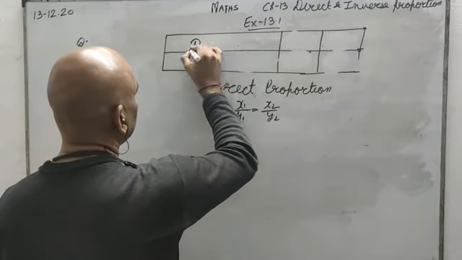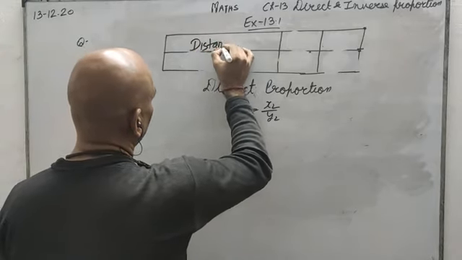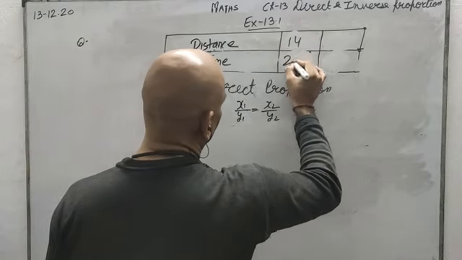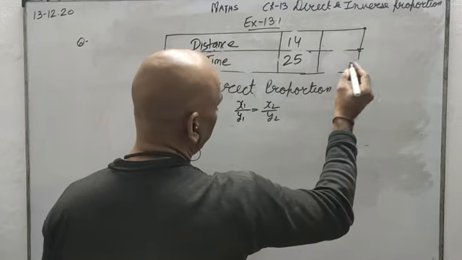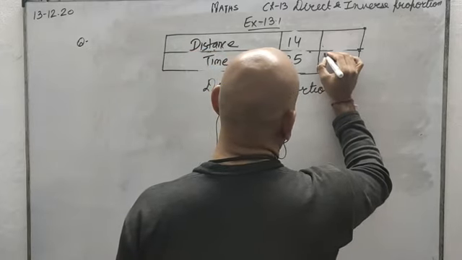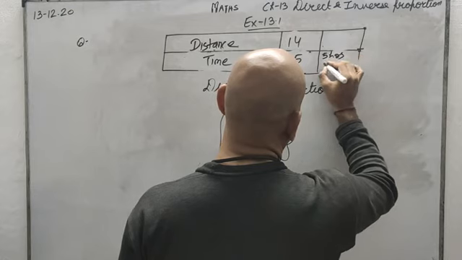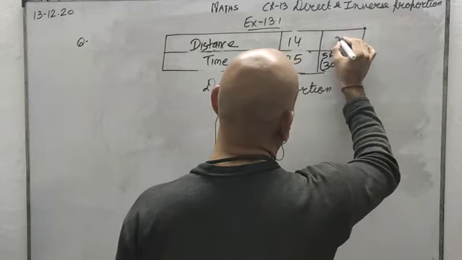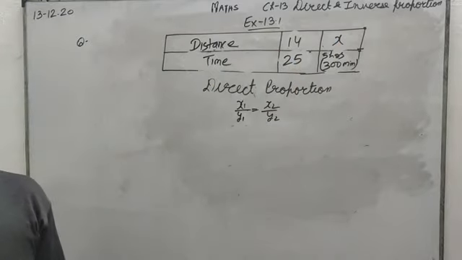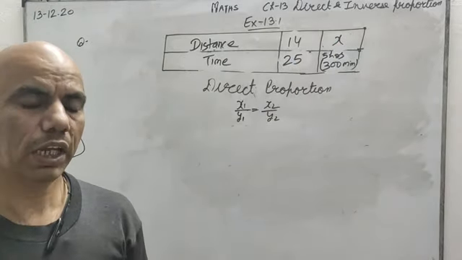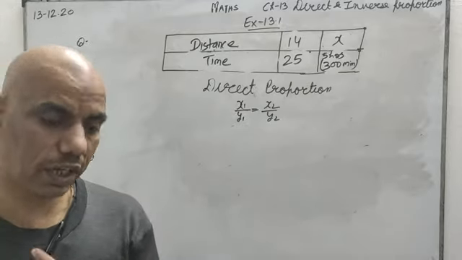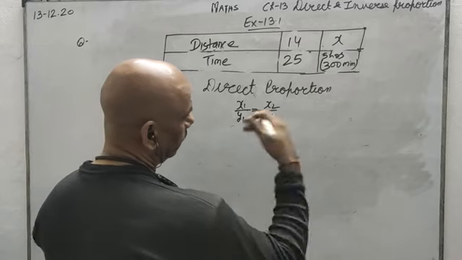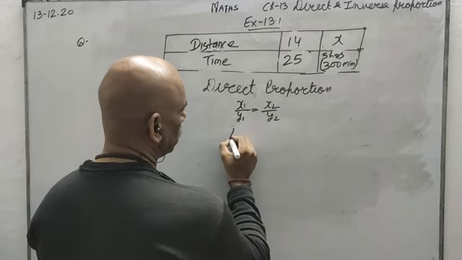So distance and time. 14 km in 25 minutes. 5 hours means 300 minutes. In 300 minutes, how far will it travel? If it travels 14 km in 25 minutes, in 300 minutes it will travel more. So distance is increasing, and since time has increased, it is a direct proportion.